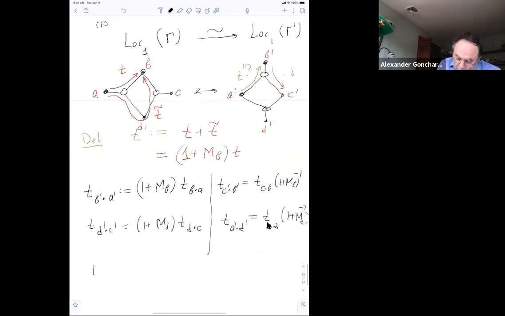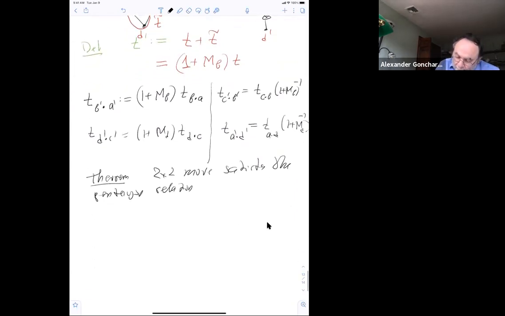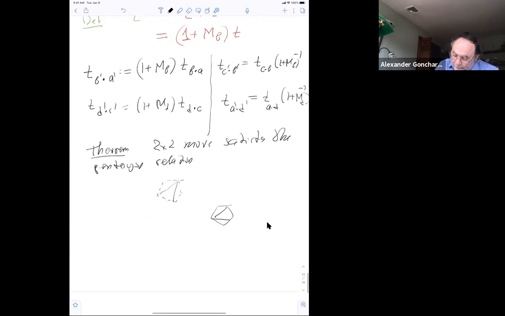The main theorem about this is that these 2 by 2 moves satisfy the pentagon equation, the pentagon relation. What is the pentagon relation? It's crystal clear, because remember that the 2 by 2 move is basically a flip, and then we have 5 pentagons related to changing triangulations like that. I believe everybody understands what I'm doing here.